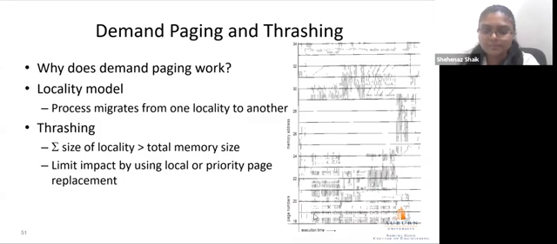Another aspect is that the various logical addresses that are referenced by a particular process belong to the same set of pages over a brief period of time.